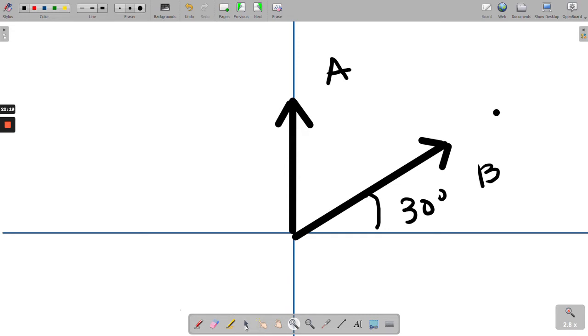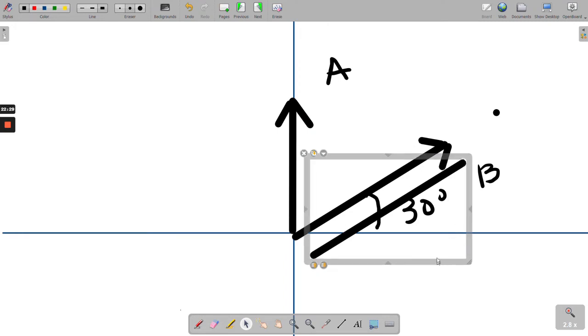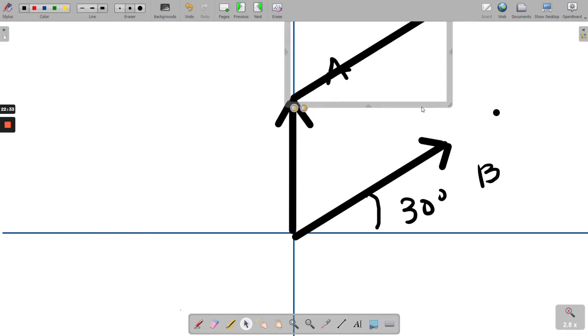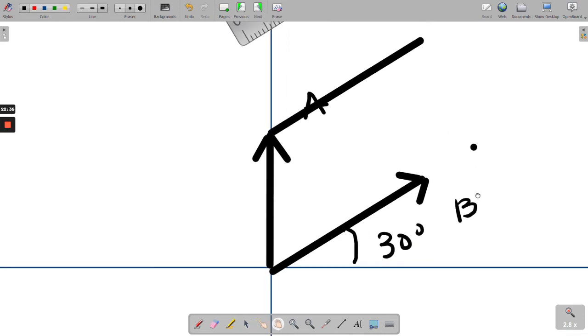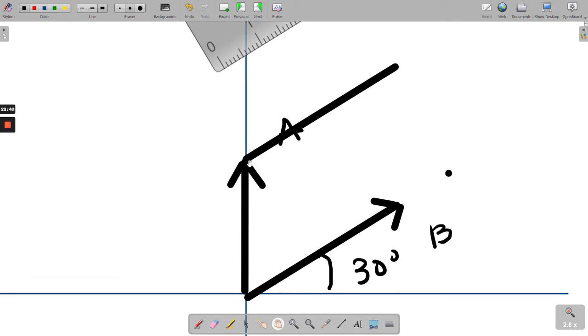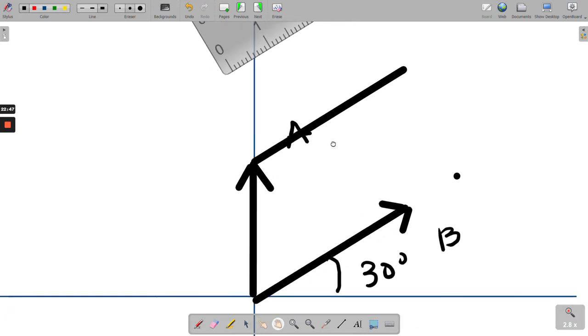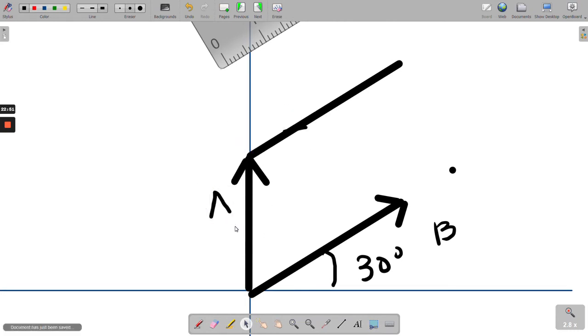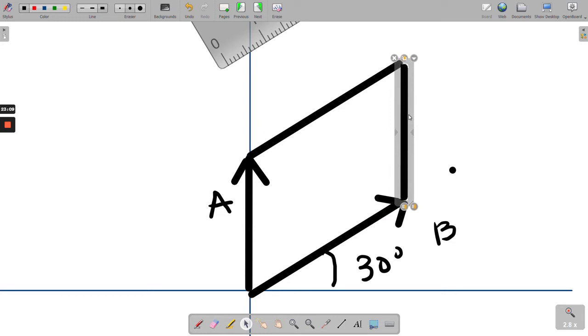So in order for us to use the parallelogram method, we create another line and attach it to the tip, or the head, of our vector A. So this is vector A.